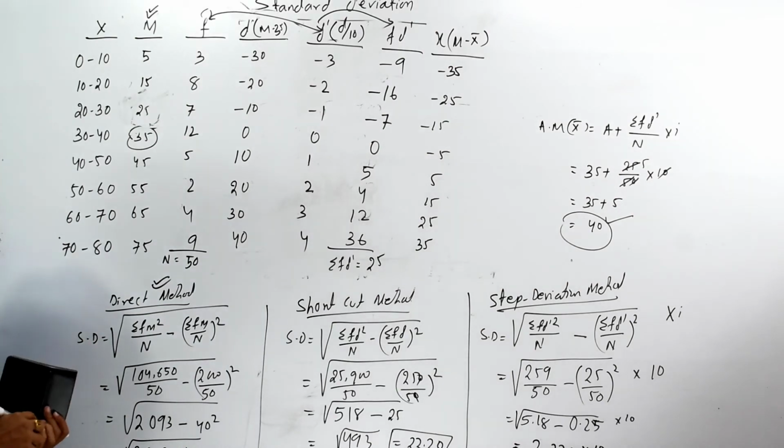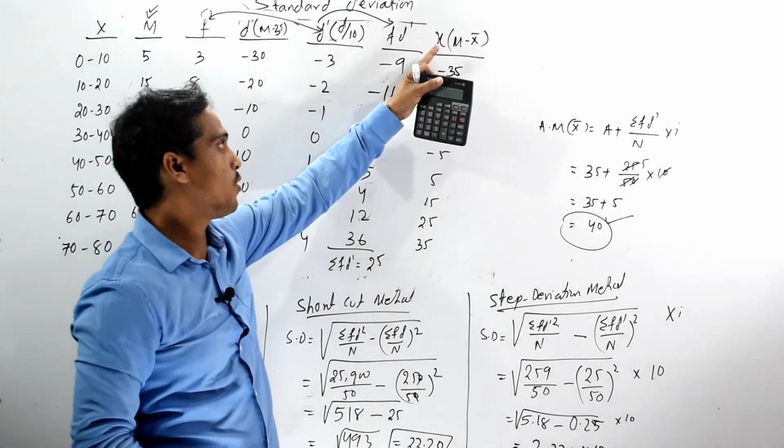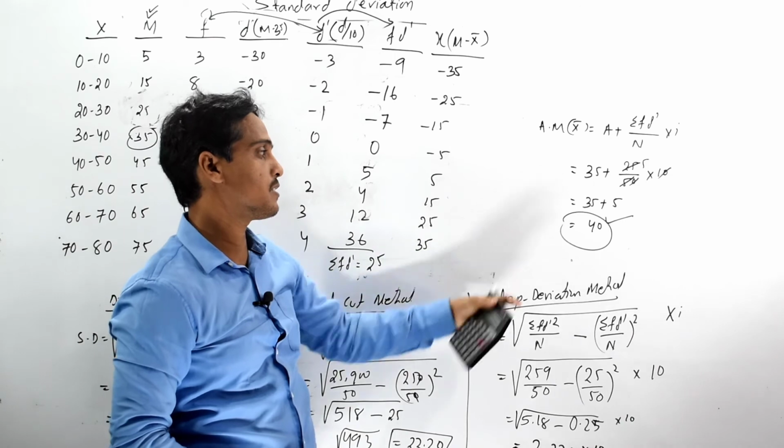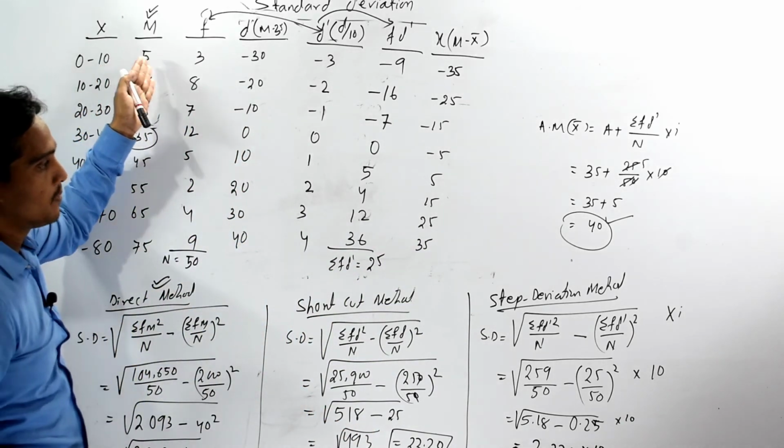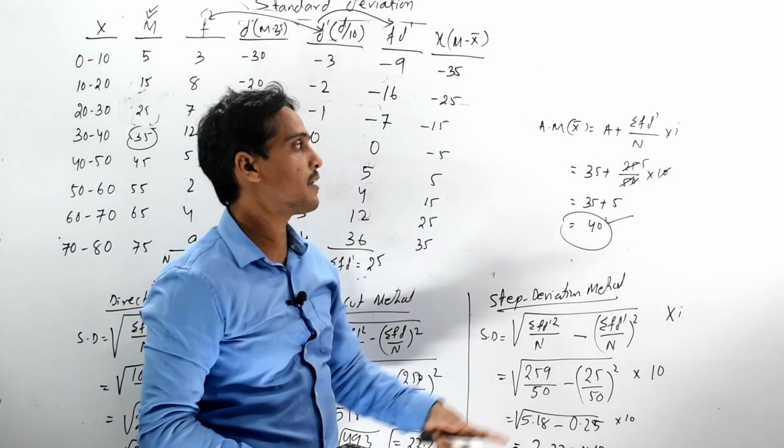So we have to find out a small x, that is the deviation value, or the midpoint minus x bar or arithmetic mean.